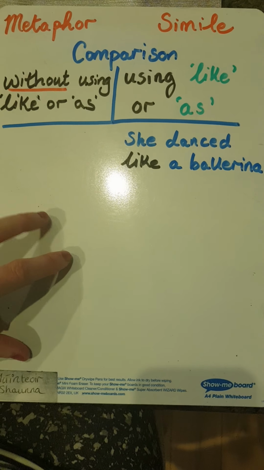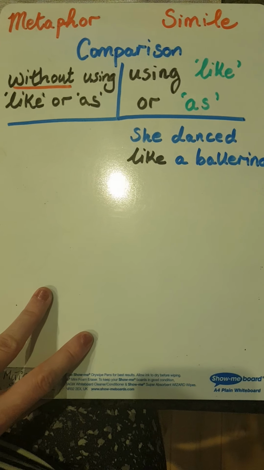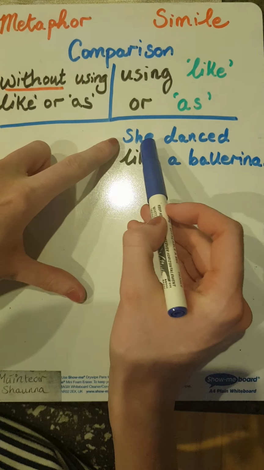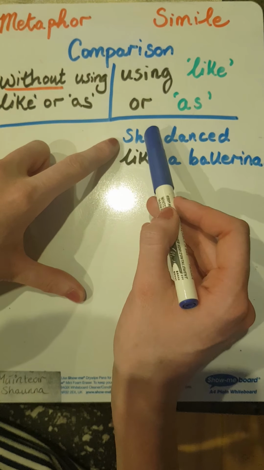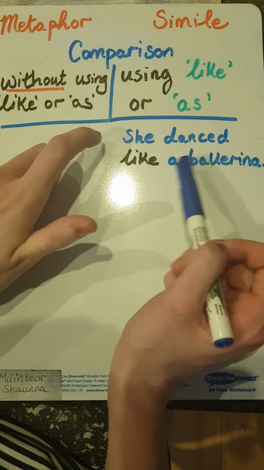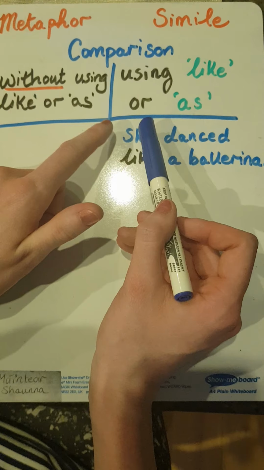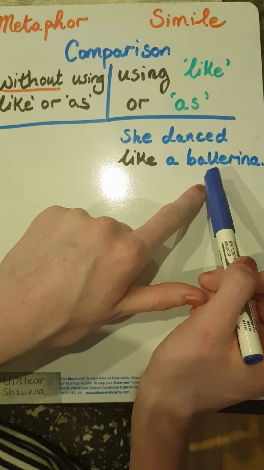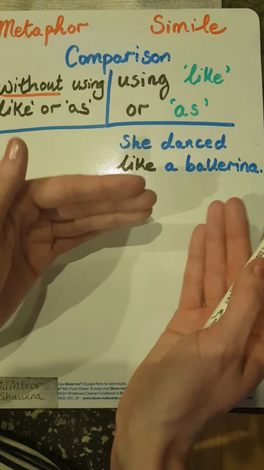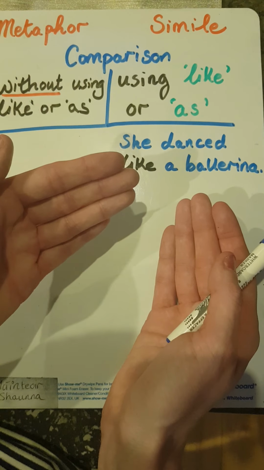Now, she danced like a ballerina. What have I done there? I have compared she or her, we'll pretend her name is Sarah. Sarah danced like a ballerina. I'm comparing Sarah to a ballerina. Haven't I? I'm saying that she was like a ballerina. I'm comparing her dancing to that of a ballerina.